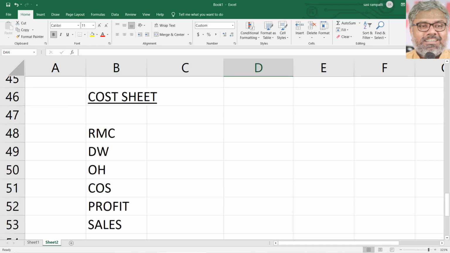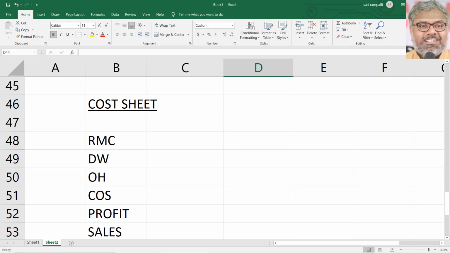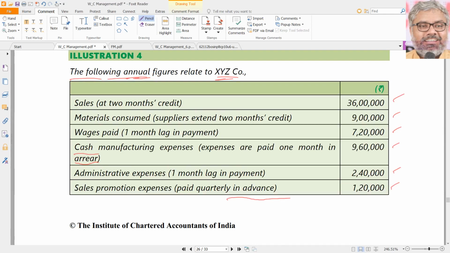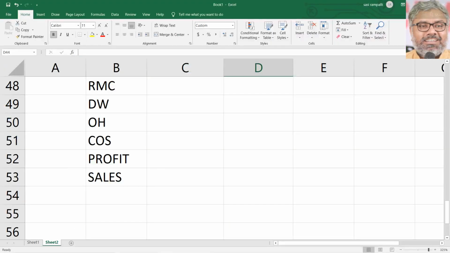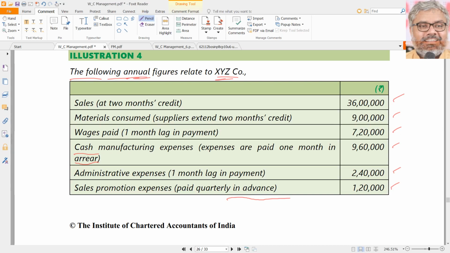Now, before going ahead with the computational things, let us first have the cost sheet carefully so that we can use these numbers directly. First thing first, materials consumed is given. Materials consumed is 9 lakhs rupees.